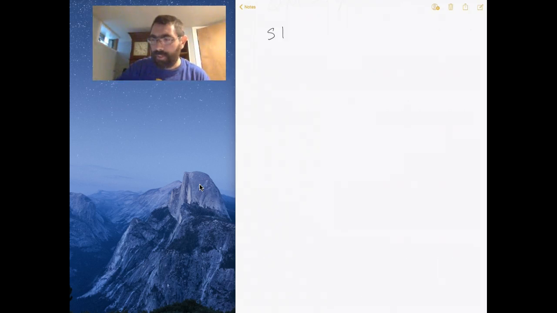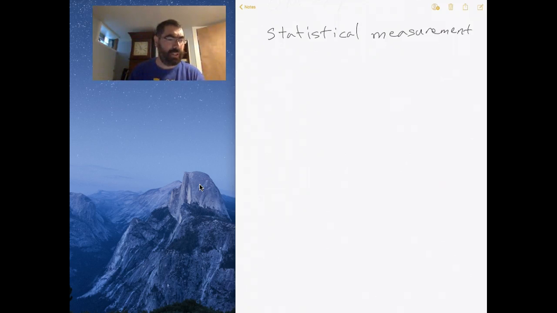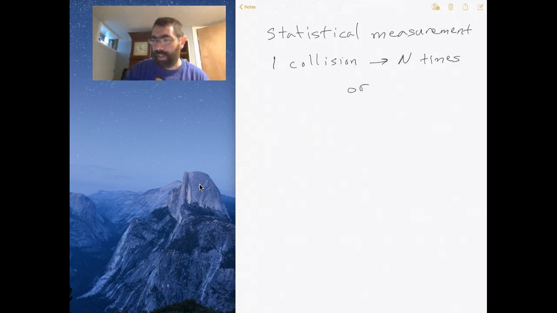So our statistical measurement here is to basically either have, let's say, one collision conducted n times, or to have n collisions conducted, say, one time.